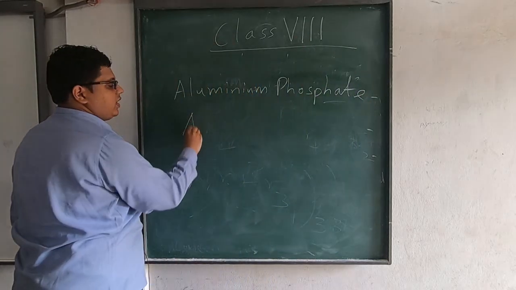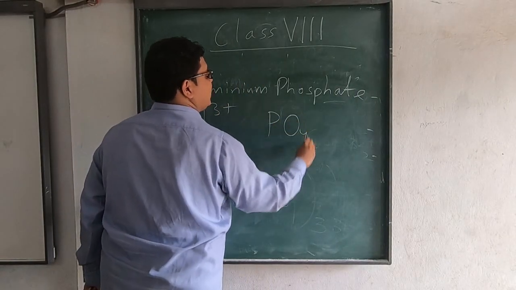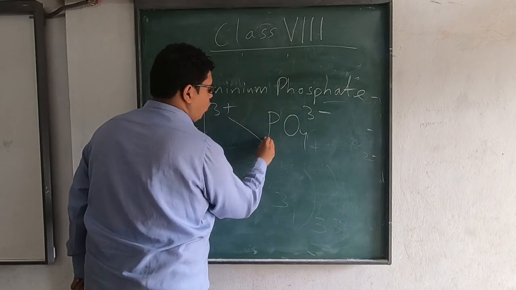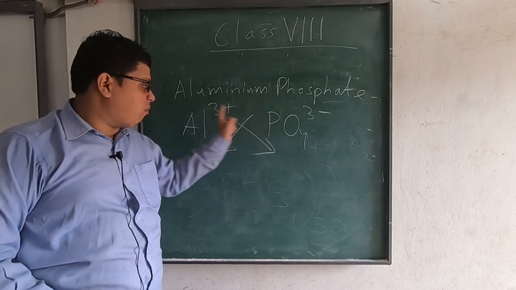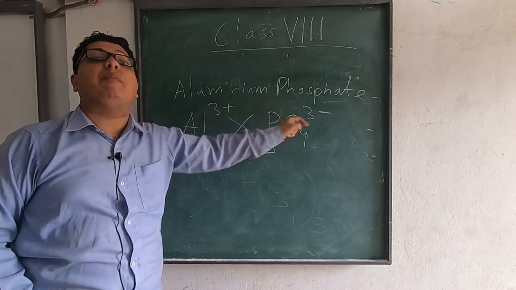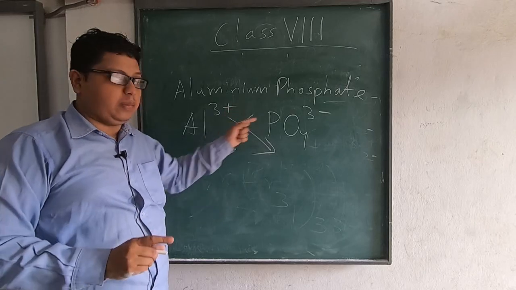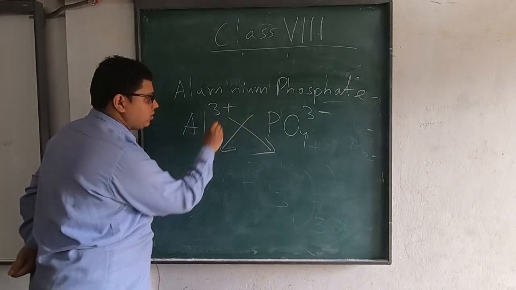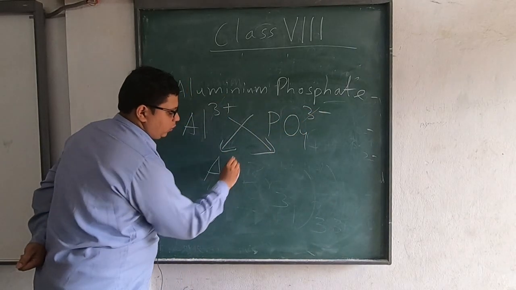So aluminium is Al3 plus, phosphate is PO4 3 minus. Now, since both of them have the same value, this is 3 plus, this is 3 minus, we can cancel out. We do not need to write this 3. So if you think in your mind that we are cancelling out, we can simply write this one.